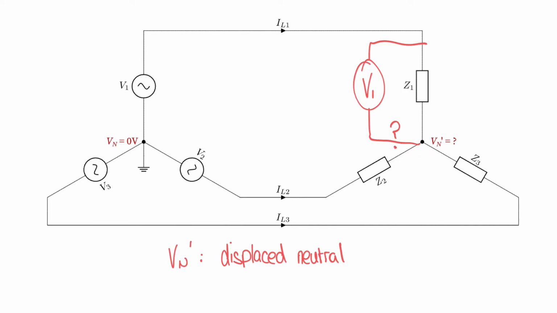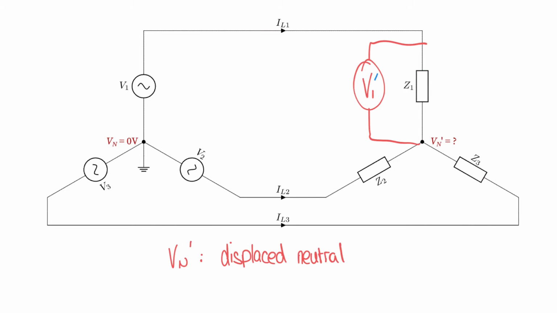And because we can't work out the voltages across the phases, we can't work out the currents that flow through them either. So, in other words, we want to be able to calculate the value of what we'll call V1 dash, the voltage as it is at the load across Z1.